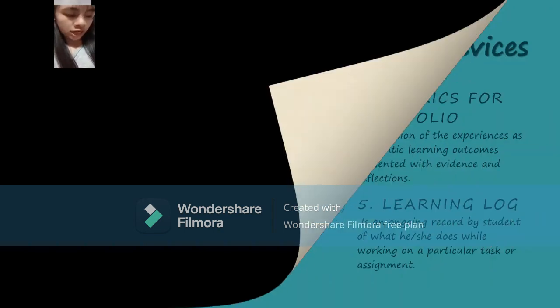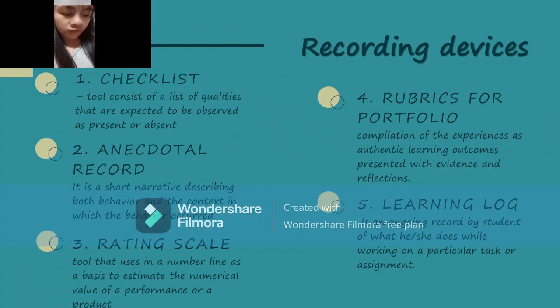We also have here the recording devices, which provide various means of organizing the recordings of information about the student's achievement. First one is the checklist, which is a tool that consists of a list of qualities that are expected to be observed as present or absent. Another one is the anecdotal record.